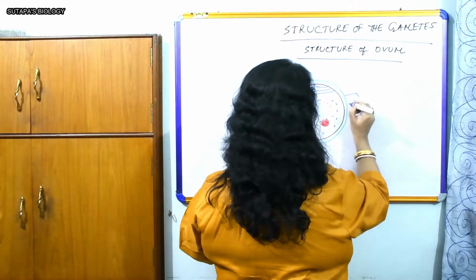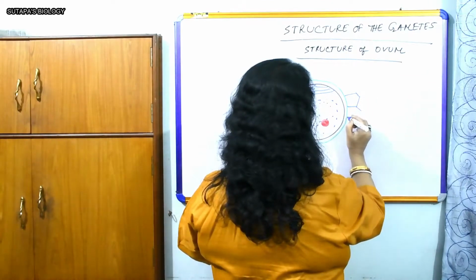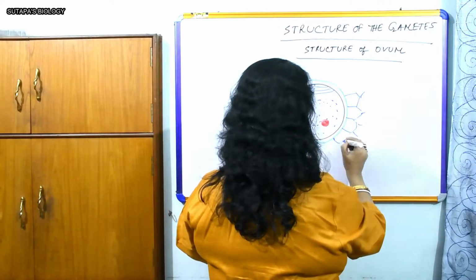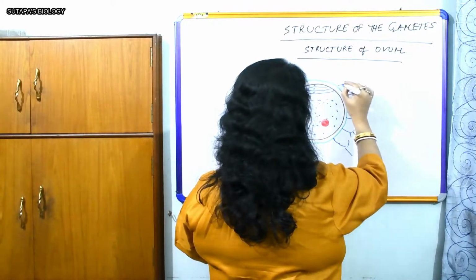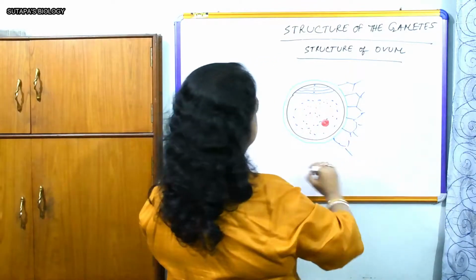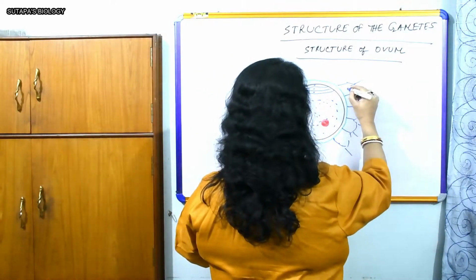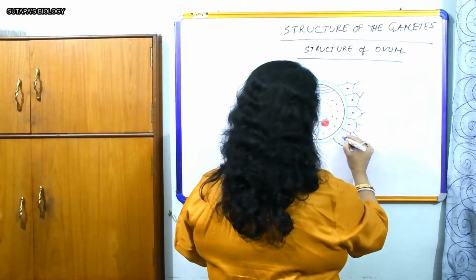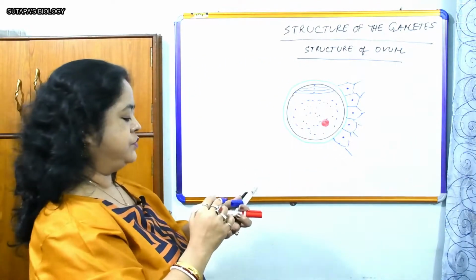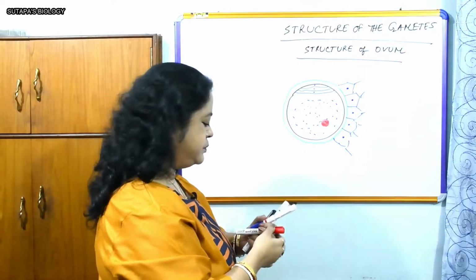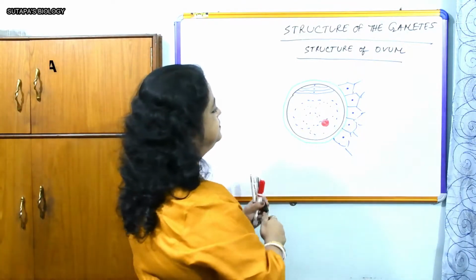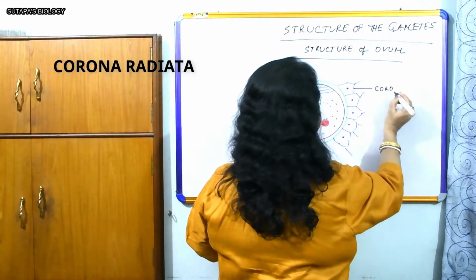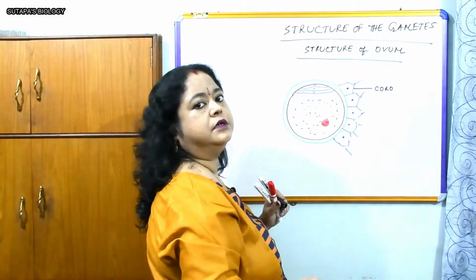Those are almost fragmented cells radiating outward. The ovum is completely surrounded by them, but I am drawing only some cells here, and these are the cells of the corona radiata. So the outermost layer is the corona radiata. It has cementing material, that is hyaluronic acid.